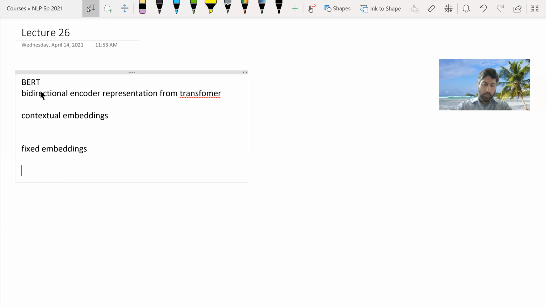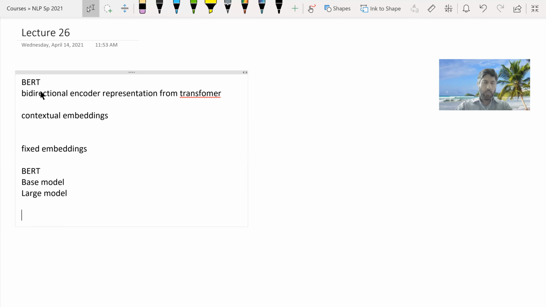So the BERT that was proposed originally, it was, by the way, a work from Google AI, and it was proposed in 2017, 2018. So it's relatively new. The original paper proposed two models. One was the base model, which was a smaller one, and the other was the large model.